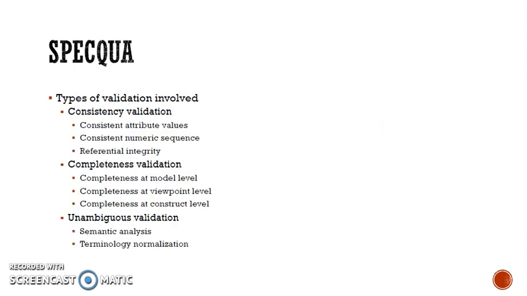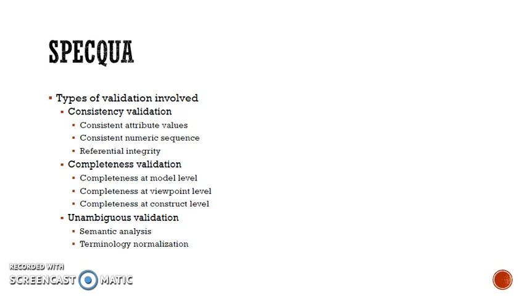SpecQua Core. The type of validation involved in SpecQua which we have here is consistency validation. Consistency validation includes consistency of attribute values, consistency of numeric sequence, and referential integrity.